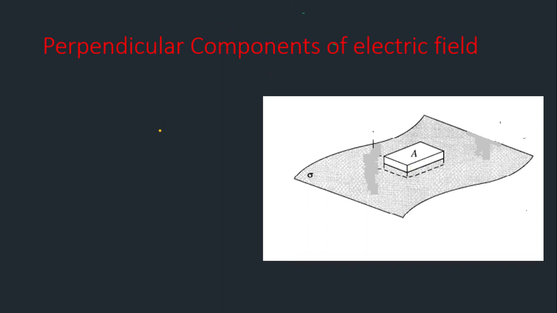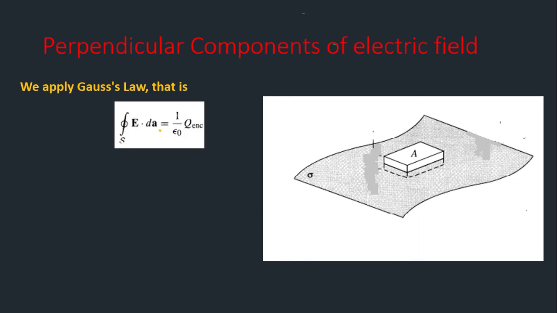So we will apply Gauss's law on this Gaussian pillbox to find the electric field. Gauss's law is: closed surface integral of E dot dA is equal to 1 over epsilon naught Q enclosed. The closed surface integral is evaluated on this Gaussian pillbox, and Q enclosed is the charge enclosed inside it.